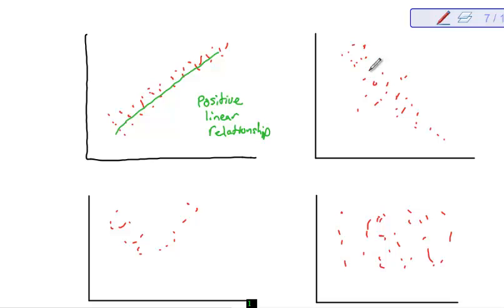This one over here has a few more points out to the side, but overall, I can pretty well draw a line that comes down through here. In this case, because as one increases, the other decreases, this one is considered a negative linear relationship.